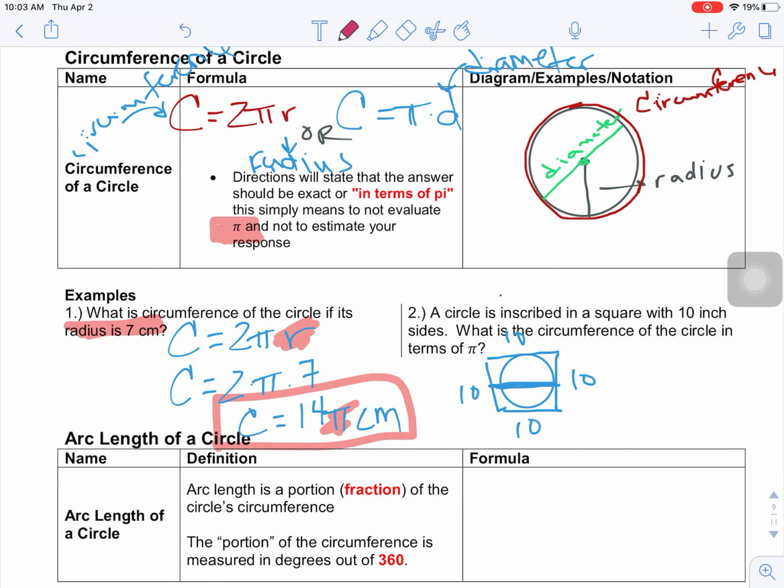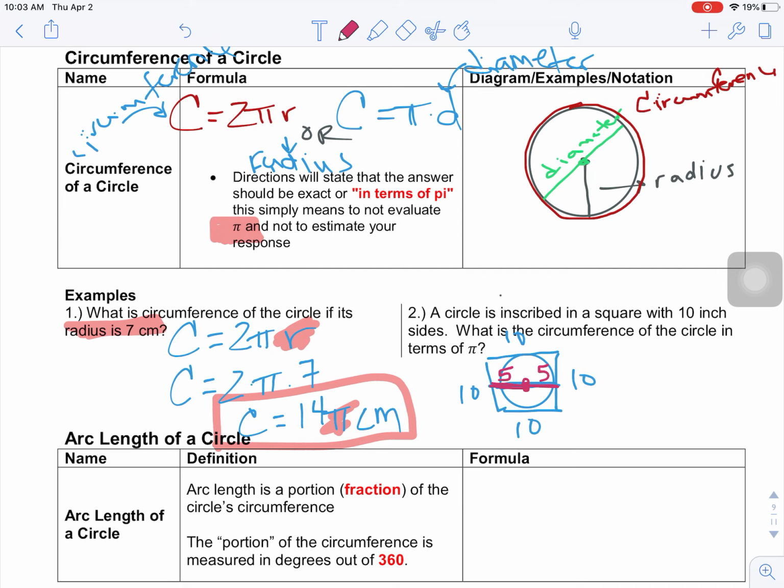So if I'm going to calculate the circumference, I could do one of two things. I could know that the diameter is 10. I could also figure out that the radius is 5. So I could use either of those.